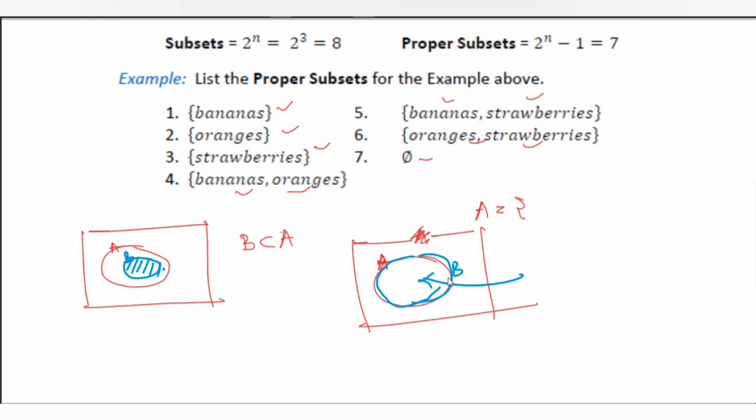You can see why this is not a proper subset, but it is a subset. B is a subset of A, but not a proper subset. So that is that about subsets of sets, and also the power of a set. We were able to look at subsets and proper subsets of a given set.